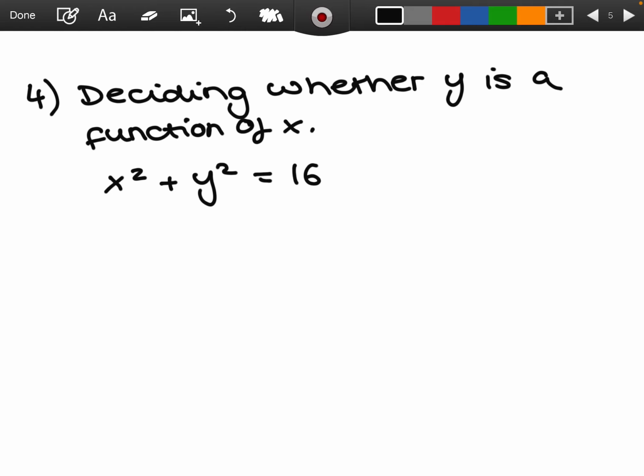That means that x would be your independent variable, and you are trying to decide if y can be a function of x, meaning y would be the dependent variable dependent on that independent variable x. So what I need to do here, whenever you are given something like this, where they give you this equation and they say, hey, can y be a function of x? You have to rearrange to say that y equals something in terms of x. So let's start with that.